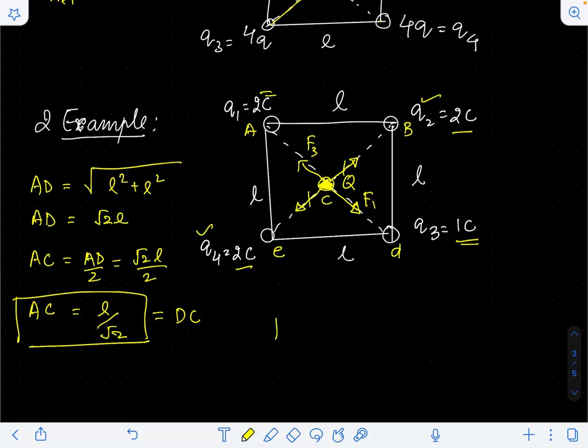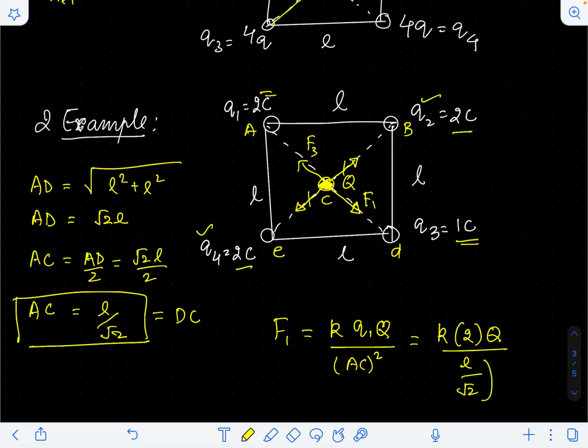Okay, so what is the value of F1? F1 is equal to K Q1 Q divided by AC square. It is equal to K, Q1 equals 2 coulomb, this is Q, and AC equals L by root 2, squared. It is along the AD direction, right? A to D, or we can say C to D direction, F1.